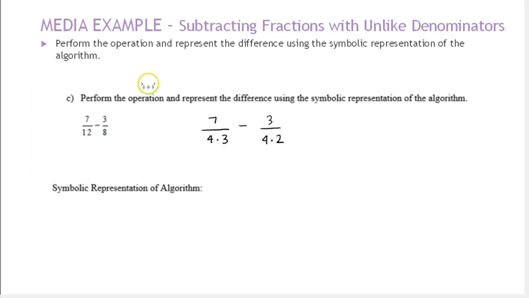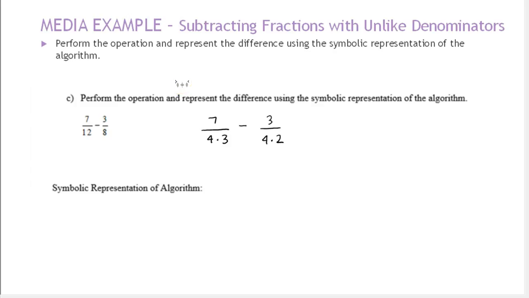If you think about those diagrams, if you cut these 12 pieces into 2 more pieces each, and these 8 pieces into 3 more pieces each, basically what the other denominator is lacking, then that will give you your common denominator.